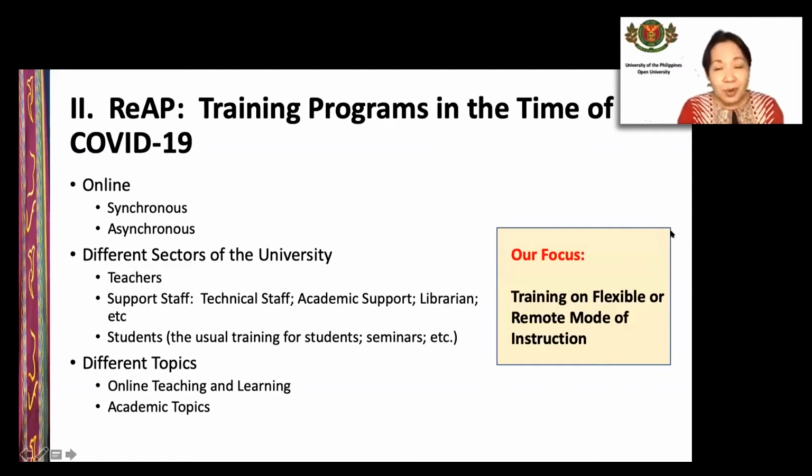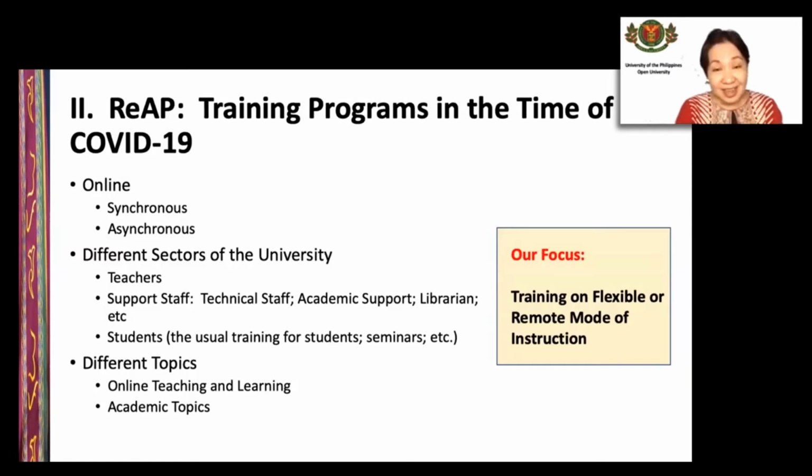Although at this point, I hope that we can really focus on training on flexible or remote mode of instruction, because as I've mentioned, this is something that we may have to continue preparing even if the semester has already started.